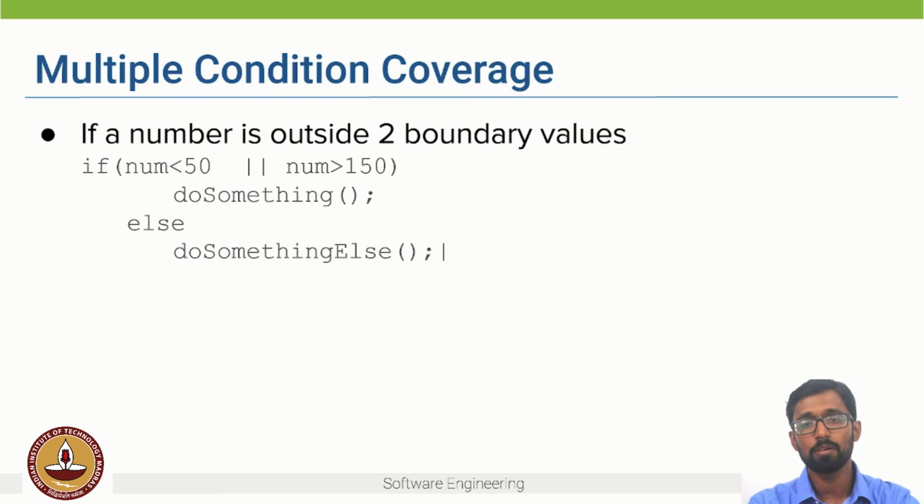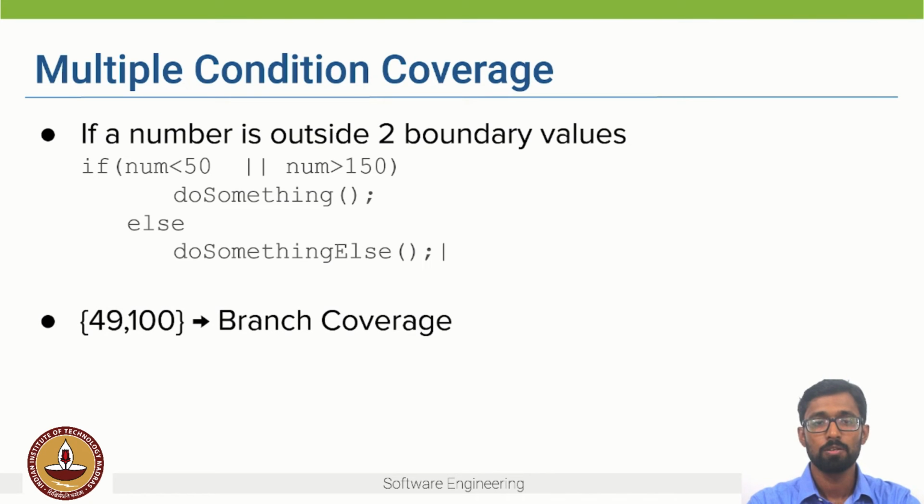Let's see how branch coverage and multiple condition coverage differ. If we had the test cases 49 and 100, 49 will ensure that this is true and do something will get executed. So this ensures that the if condition is true, and 100 ensures that the if condition is false. Hence we achieved branch coverage.